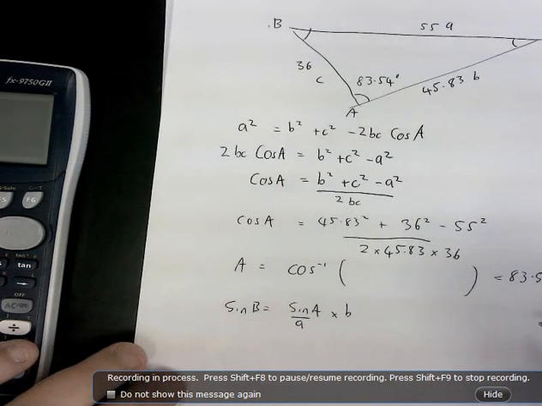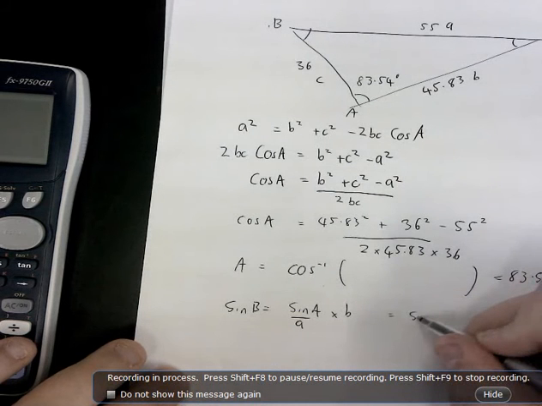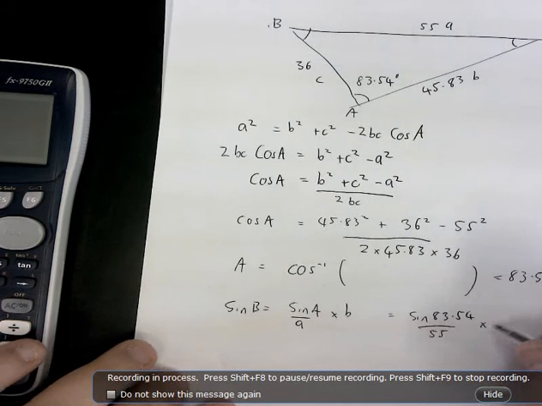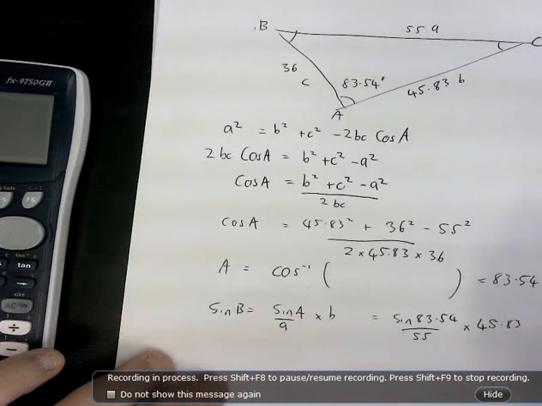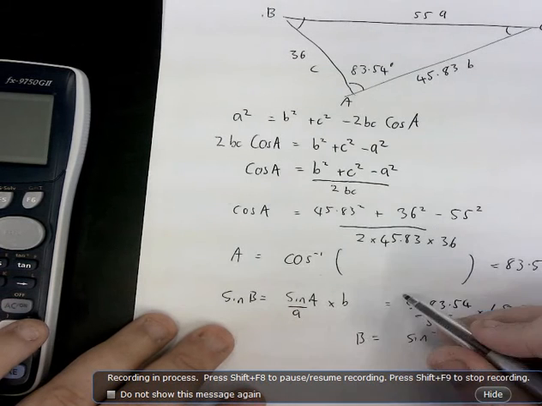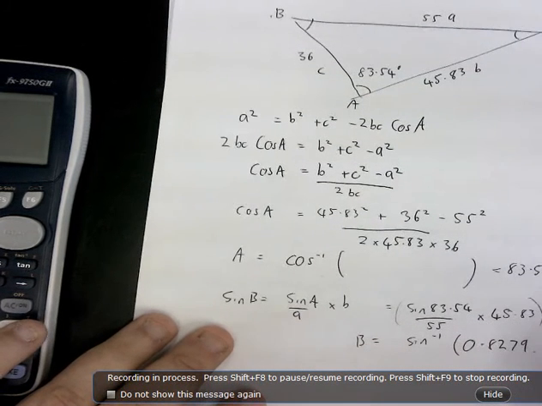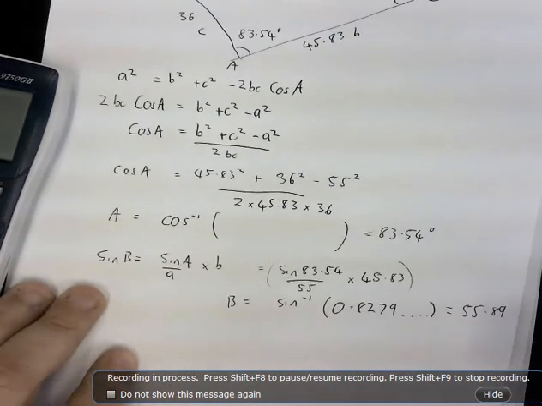Just to speed things up a bit, I know that sine B of all of this equals 0.8279 and so on, which when I do the inverse sine of all of this will give me 55.89 degrees.